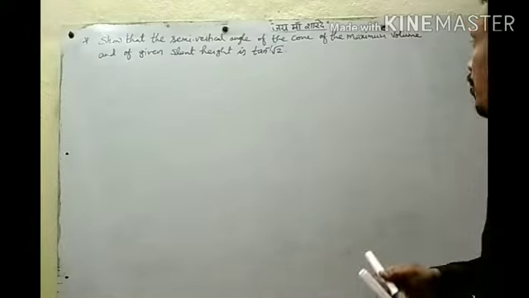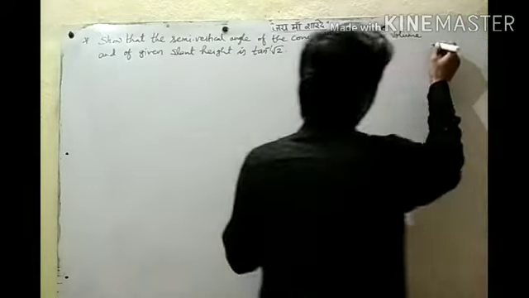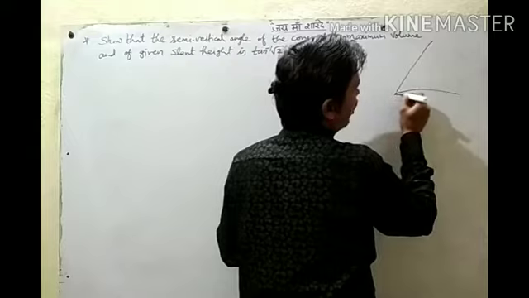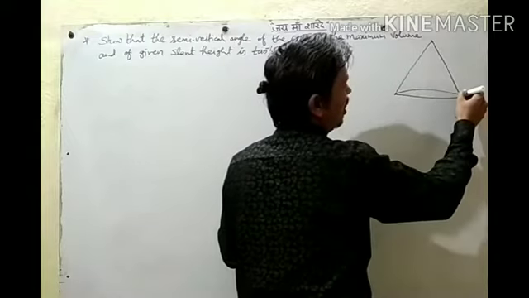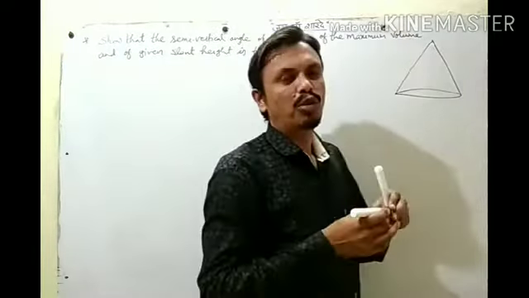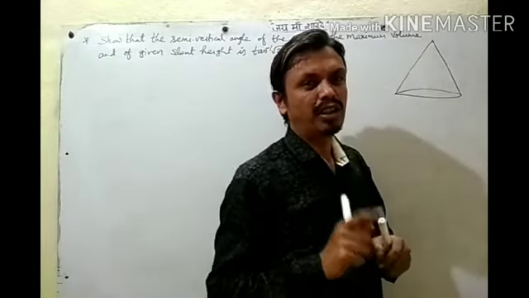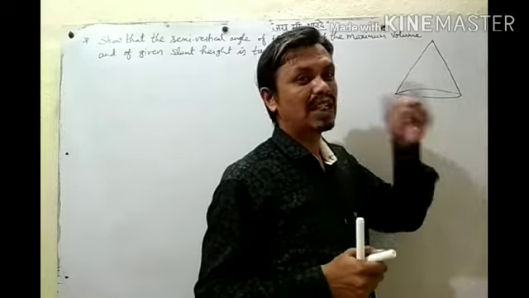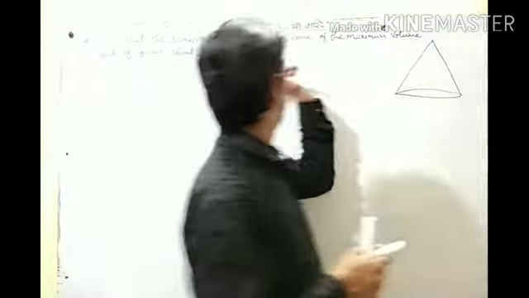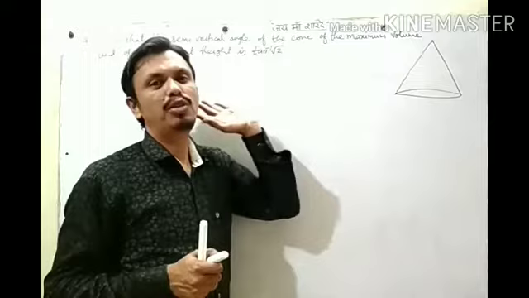If we make any cone of given fixed slant height, suppose the slant height is 5 cm, we can make different cones of slant height 5 cm. Its volume will be maximum only when the semi-vertical angle is tan inverse of root 2.